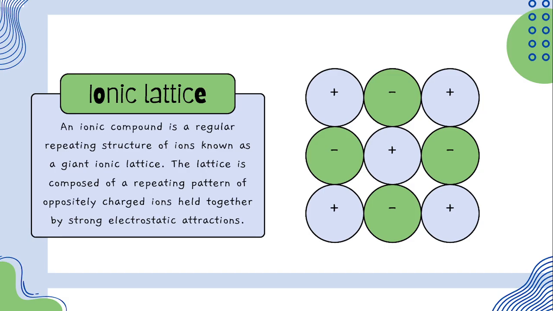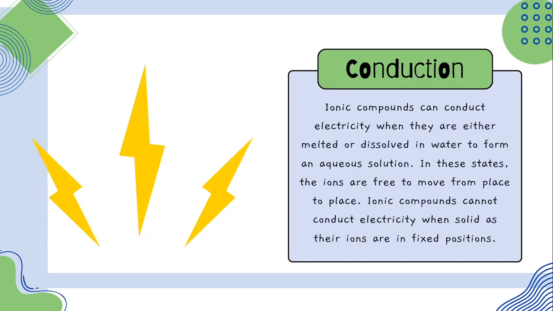The lattice is composed of a repeating pattern of oppositely charged ions held together by strong electrostatic force. We can see a regular pattern: positive, negative, positive, negative, positive, negative, positive, negative, positive. The same thing when you check it downward. It follows a regular pattern of oppositely charged ions.